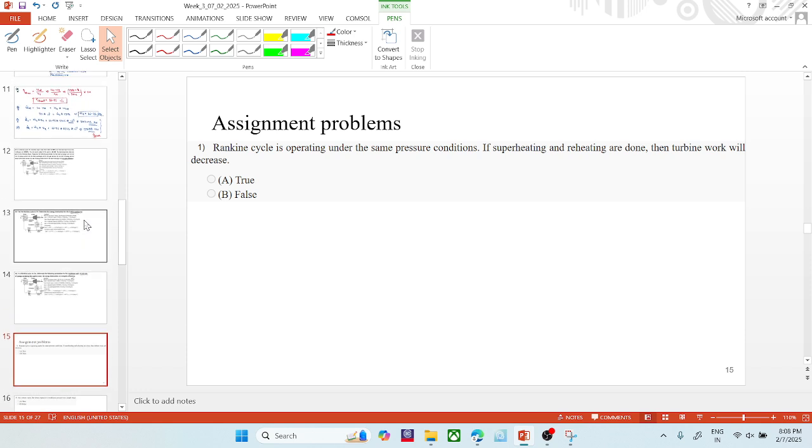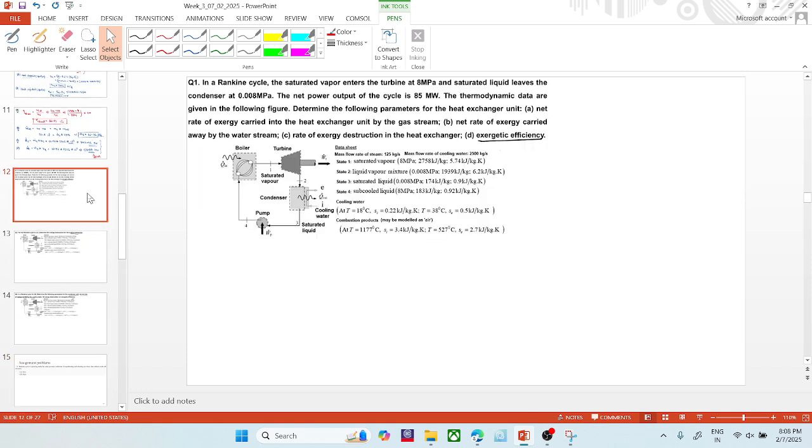Okay, so these three problems are connected. I'm not having the time to solve all of them, so you please try it, and if you have any doubt, then we will discuss. Or even I can write the formulas for these things.